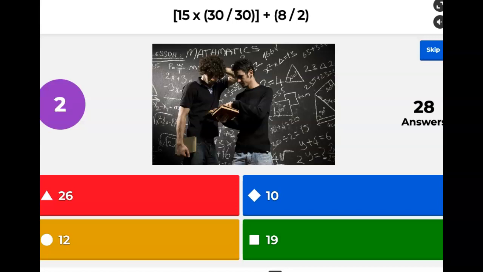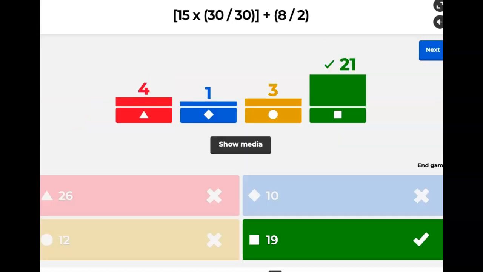That's division. Fraction and division work the same way. Sean, you're not putting answers there. All right, so here we go. That is parentheses first. So 30 divided by 30 is 1 times 15. That's 15. And this is 8 divided by 4 times 2, which is 4. So 15 plus 4 is 19.